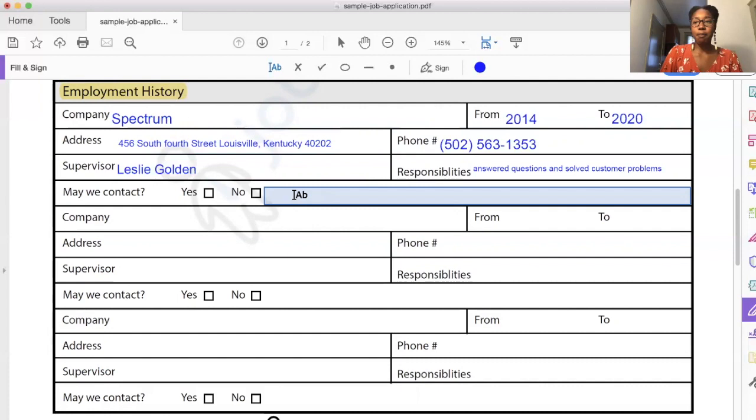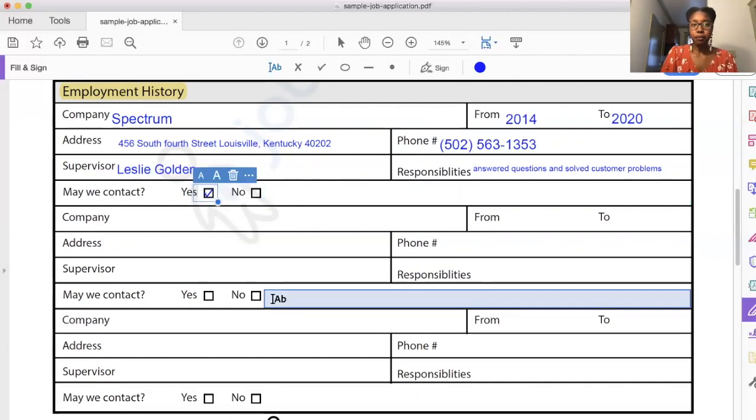Next, it says, may we contact? May we call or send an email to Leslie Golden, Sarah's supervisor? And we say, yes. They may call your old job to say, hey, did Sarah work for Spectrum? Did she do well?